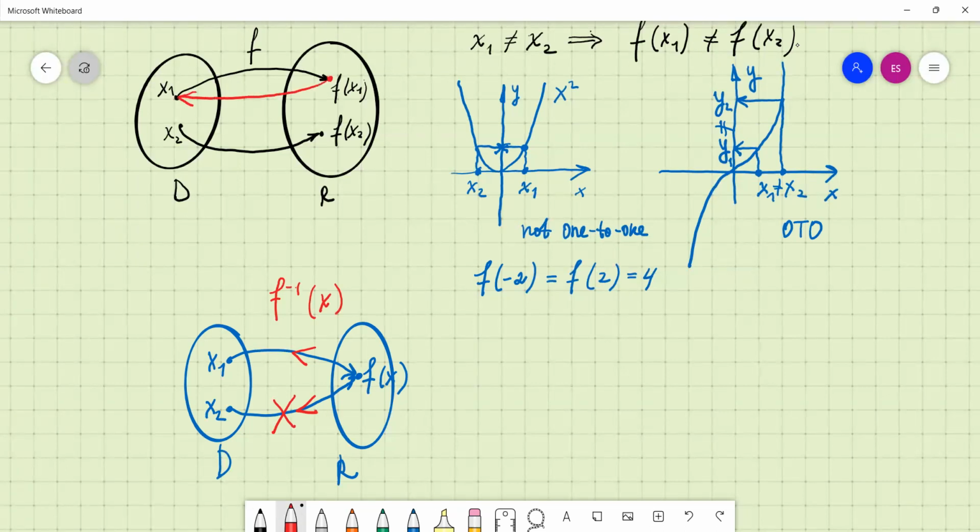And this way we are going to have f inverse for all these points in the range. So we define an inverse for any one-to-one function. If your function is one-to-one, then you can define an inverse with domain which is the range, and range which is the domain.